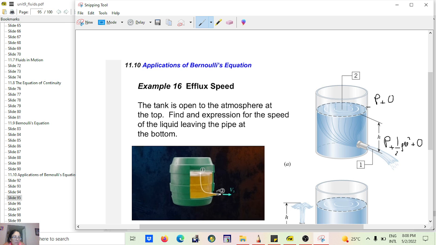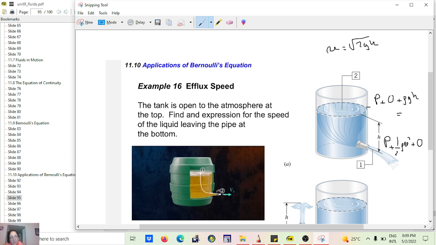Maybe it's moving, but you see how the streamlines are away from each other. Plus you have potential energy, so rho GH, and they're going to be equal to each other, so you can isolate V. Okay, and that could be used to find the speed here in the beer barrel.